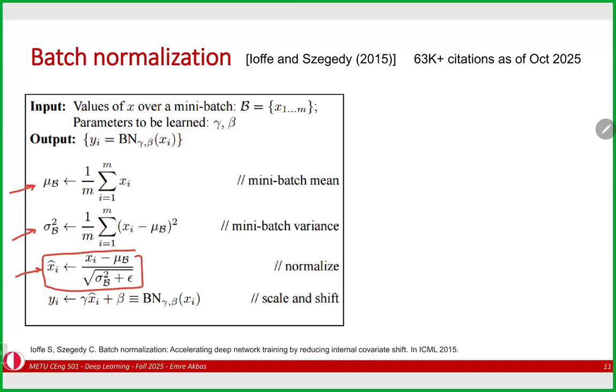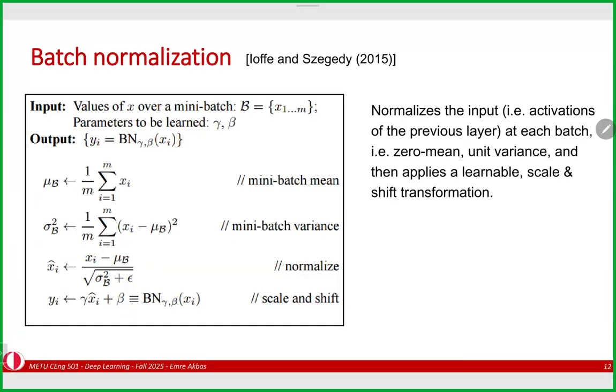When you take the mean of your batch, it will be zero mean, and the variance will be 1. After that, it applies a scale and shift parameterized with gamma and beta, and these are learned. So it applies a learnable scale and shift on top of the zero mean unit variance batch.